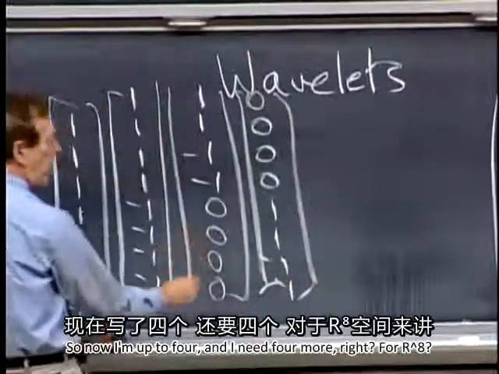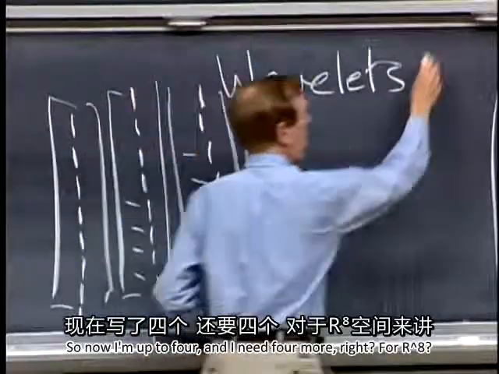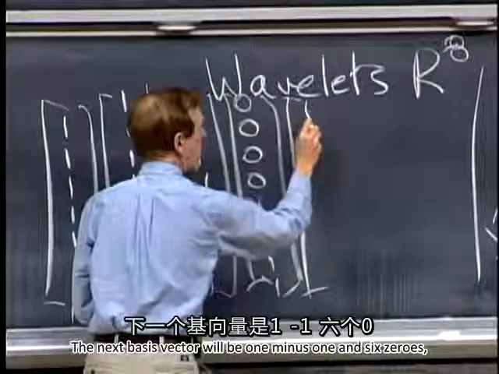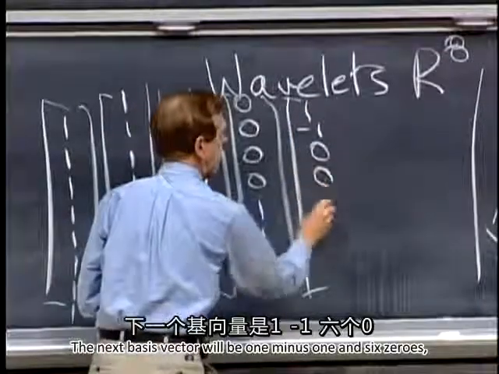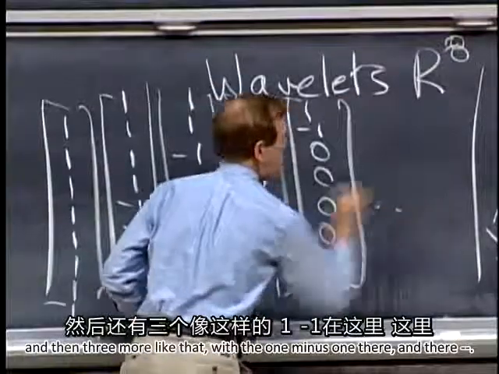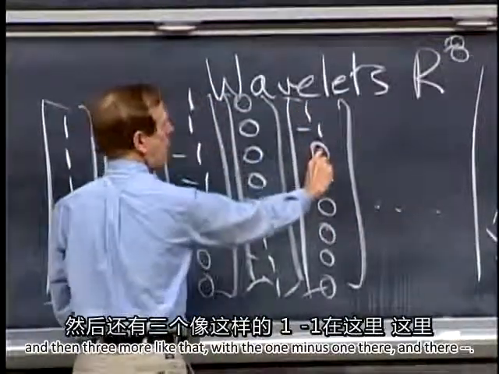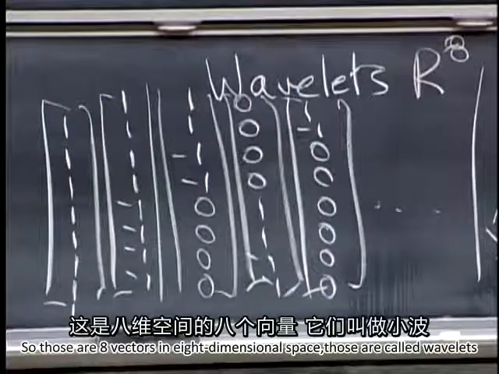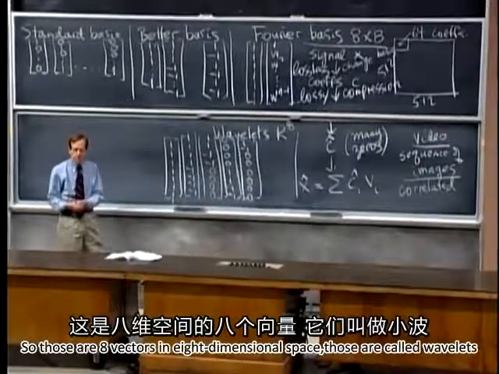So now I'm up to 4, and I need 4 more, right, for R8. So the next basis vector will be 1 minus 1 and 6 zeros. And then 3 more like that, with the 1 minus 1 there, and there, and there. So those are 8 vectors in 8-dimensional space.